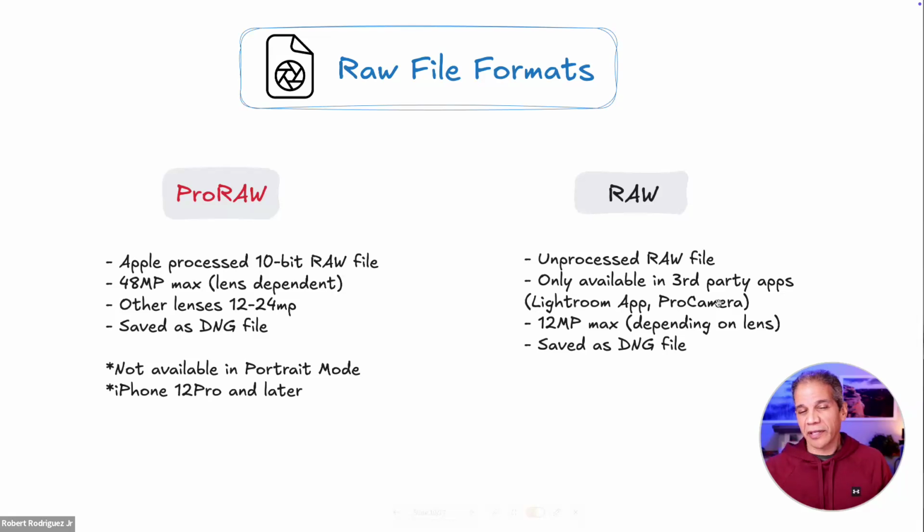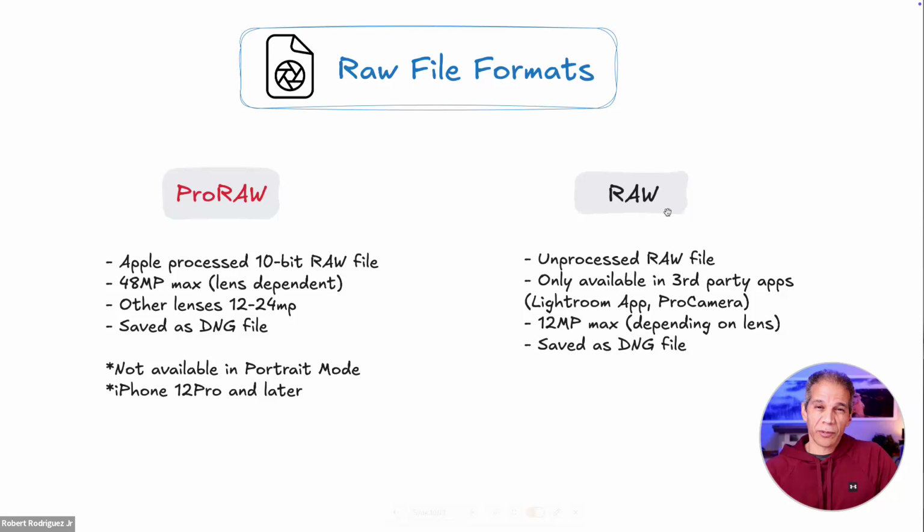And I find it tends to be a little bit more aggressive, whereas with RAW, if I know that I want to use HDR, for example, you have a very wide dynamic range in a scene, lots of highlights and shadows, bright sunny day, whatever the case might be, then I will typically use the Lightroom app, set it to HDR mode, and that'll give me an HDR file, one file, but then when I import it into Lightroom, I can adjust it and get the look that I want.